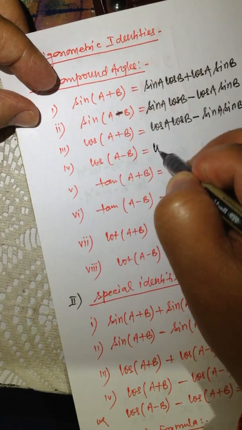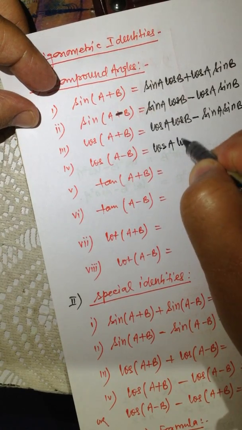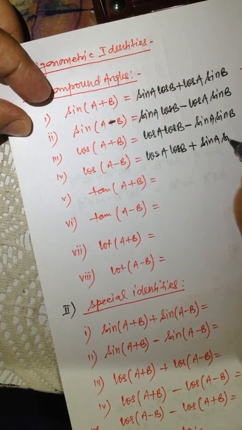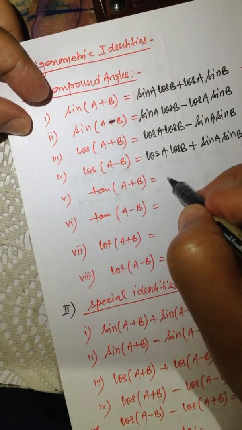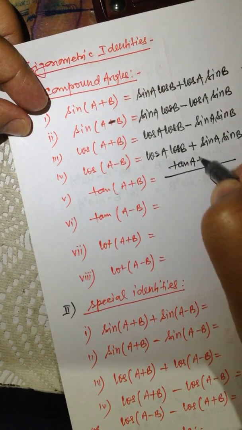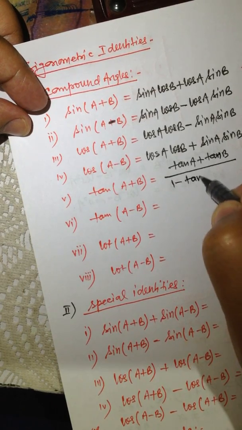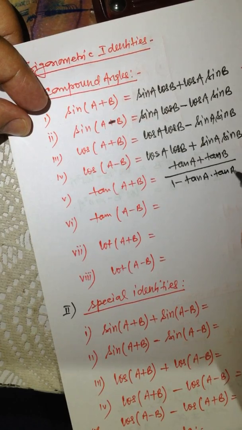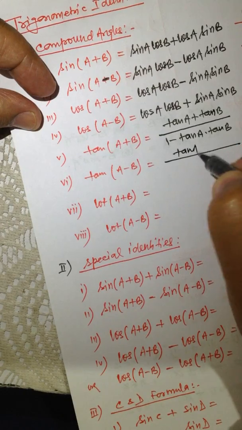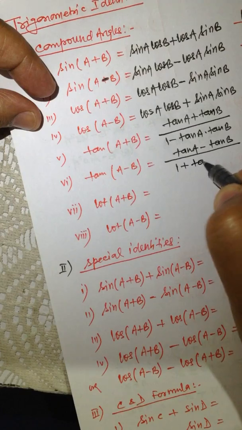Cos A minus B is, there is plus in cos, then this is minus cos A cos B plus sin A sin B. Tan A plus B will be in this way, tan A plus tan B upon 1 minus tan A tan B. Okay, and this tan A minus B will be tan A minus tan B upon 1 plus tan A tan B.